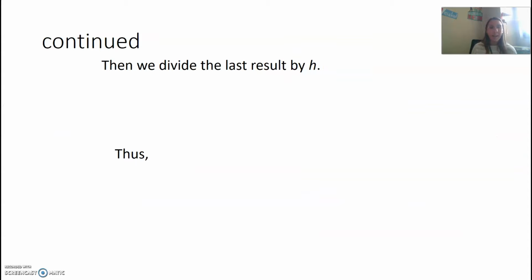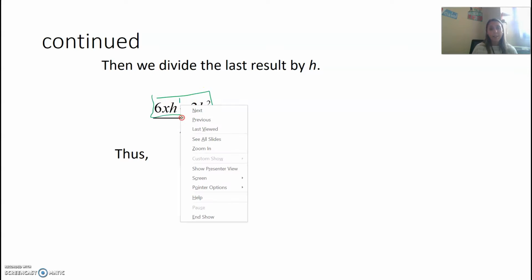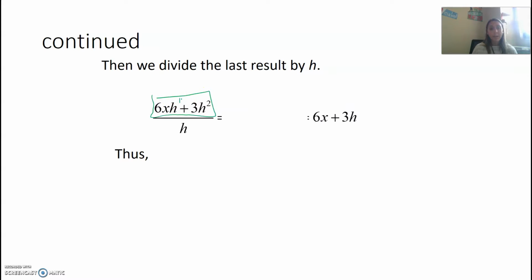All right, now lastly, we have to plug all that in and divide by h. So when we do that, we can factor this. I can see right away that I can factor this.